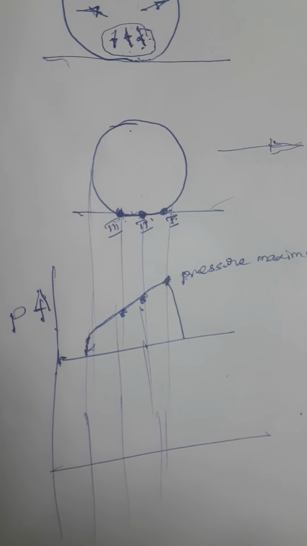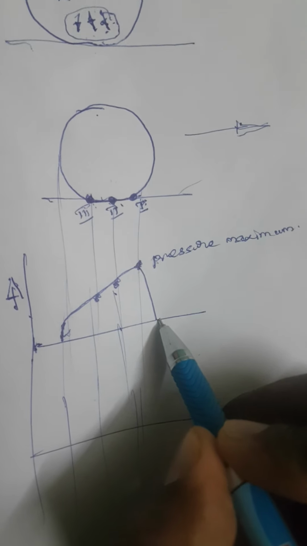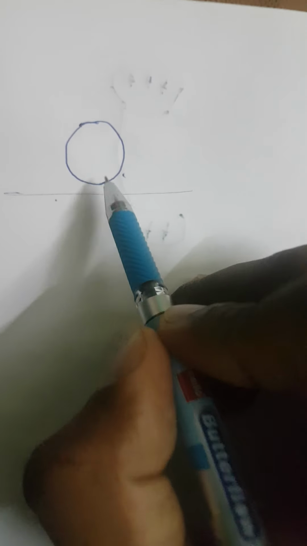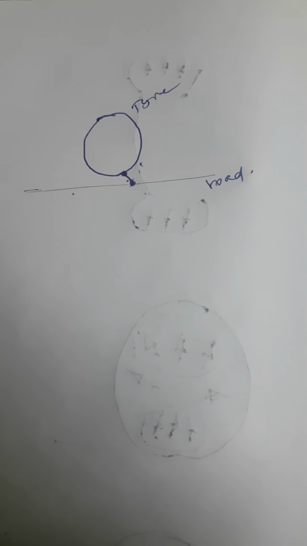For further discussion about this, we go for some other concept. Wait for a moment. I just took a tire and ground surface. It is a carcass; for easy understanding, I just draw the carcass. We can discuss this in two extreme conditions: first, braking condition, and another, acceleration condition.